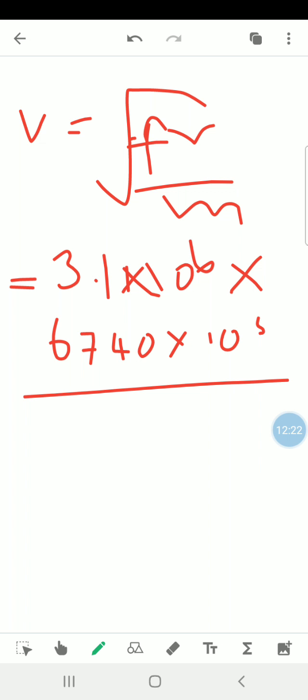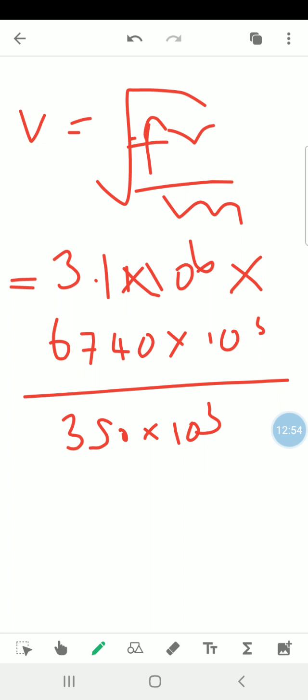And then you have to divide this whole thing by the mass. Fr over m. Mass is equal to 350 tons. Then once again that has to be multiplied by 10 to the power 3 as well. Why? To convert tons into kilograms. There are 1000 kilograms in a ton. So you have to multiply it like that. So 3.1 into 10 to the power 6 multiplied by 6,740 into 10 to the power 3 divided by 350 into 10 to the power 3.